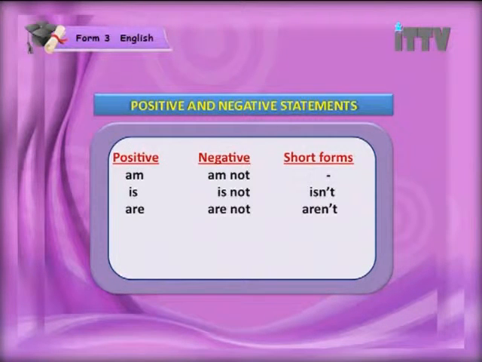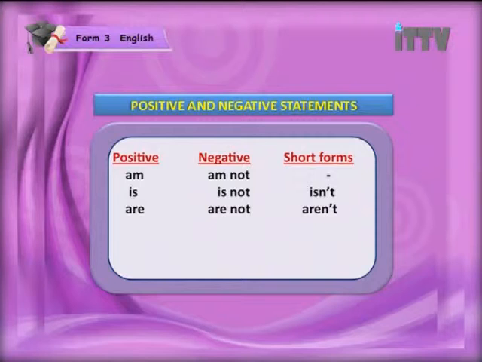not, aren't. Now pay attention where the apostrophe is placed. That's very important, students. For example, isn't, you have I-S-N apostrophe T. Now if you insert your apostrophe in the wrong place, it's considered wrong. So pay attention to where the apostrophe should be inserted.